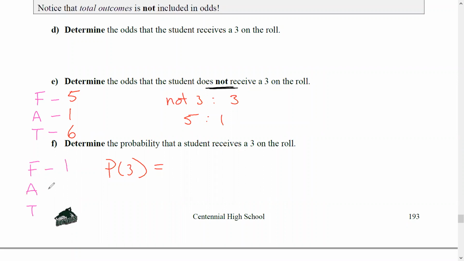There's 1 way to do it. Odds against getting a 3, there's 5 ways. And total, 6. So the probability that I receive a 3 is 1 over 6. Like it. So the big difference between odds is that we don't see the total here. The total's not shown.